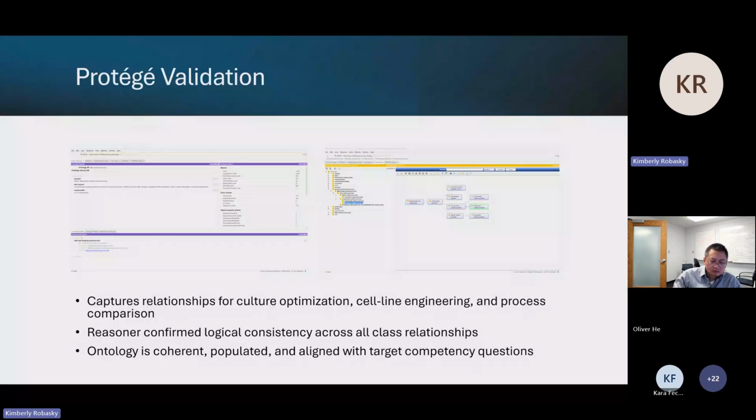All class and object property axioms were found to be logically consistent with no unsatisfiable subclasses, and the reasoner confirmed coverage across all the competency question targets, including cell culture parameter groupings and process subclass distinctions. So in short, the model is coherent, inferentially complete for its current scope, and stable for integration with OBO-aligned external ontologies.